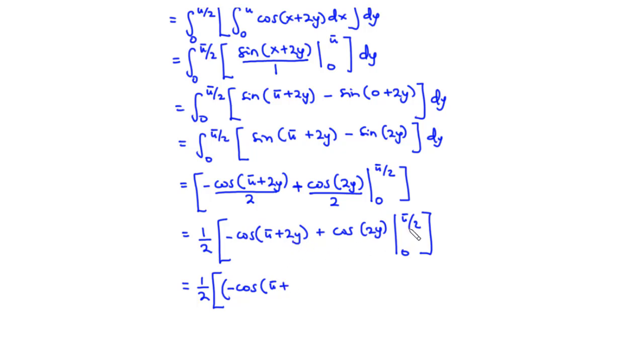Now 2 times pi on 2, 2 cancels out 2, we are left with pi, so it becomes plus pi, and then plus cos(2y), that is 2 times pi on 2, 2 also cancels 2, we are left with pi, so plus pi, and then minus, for the lower limit we have negative cos(pi + 2y). Now 2 times 0 is 0, so we are left with pi here, and then plus cos(2y). 2 times 0 is also 0, so we have 0 here.